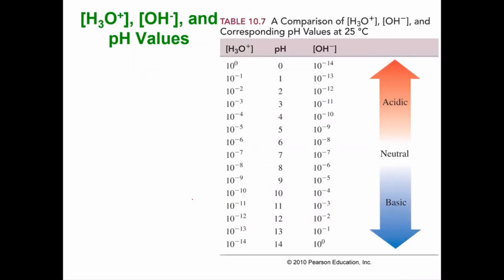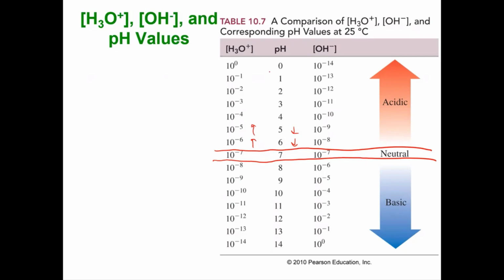But again, how do these relate to each other? Well, it goes back to what we said earlier, right? At a neutral pH of 7, the hydroxide concentration and the hydronium concentration are equal. As I increase the hydronium concentration, the hydroxide concentration decreases, but they still always multiply to the constant Kw, which is 10 to the minus 14.